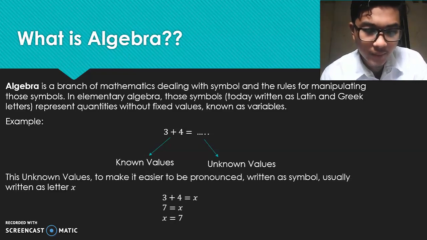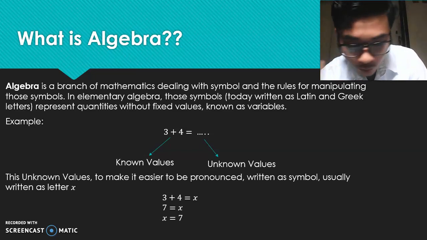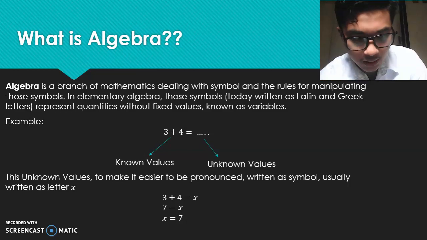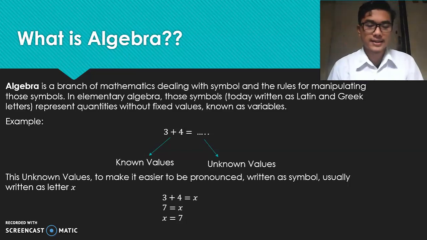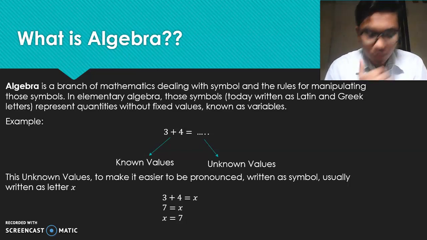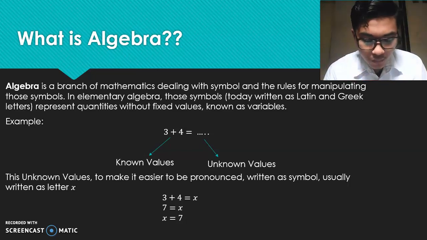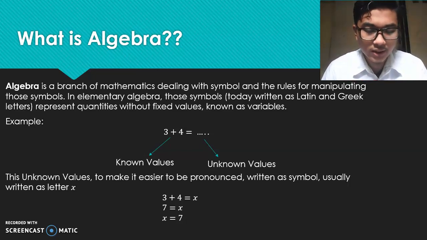Now, to make it easy to pronounce, these unknown values are written as a symbol, usually the letter X. It could be any letter, A, B, C, but usually it's the letter X. So if we write it in an equation, 3 plus 4 equals X. Then we can operate it: 3 plus 4 is 7, 7 equals X, so X is equal to 7.